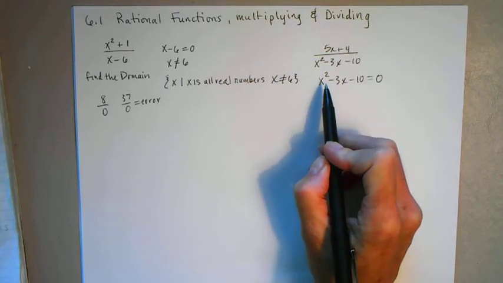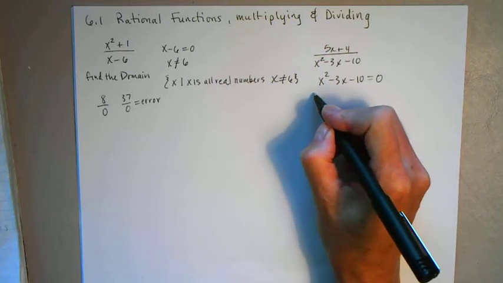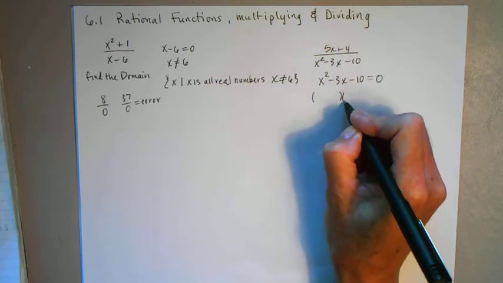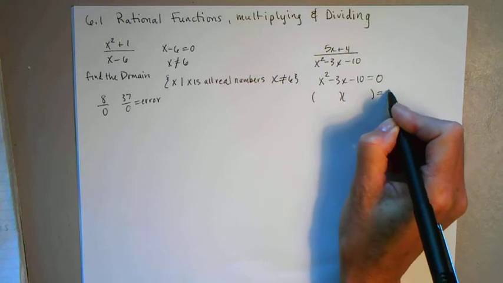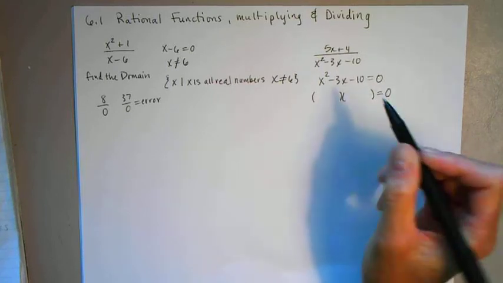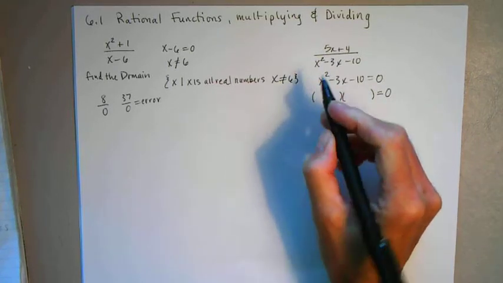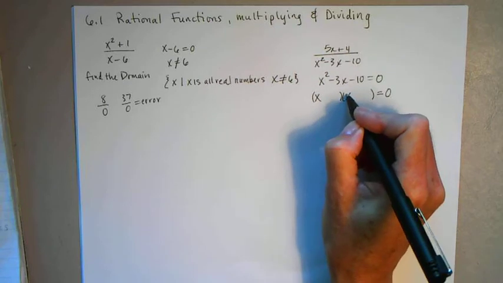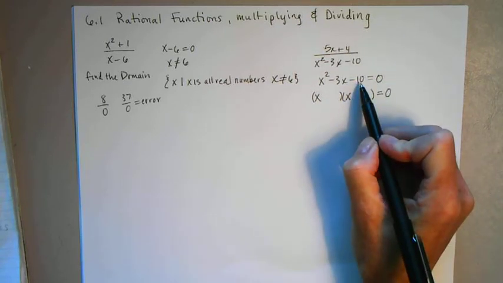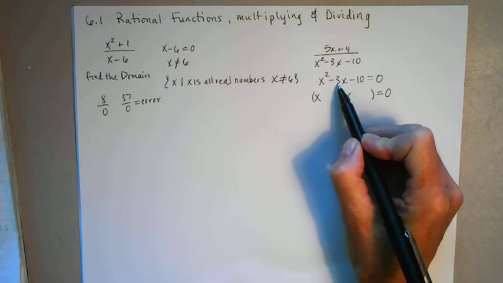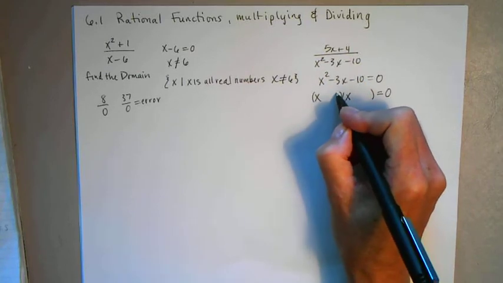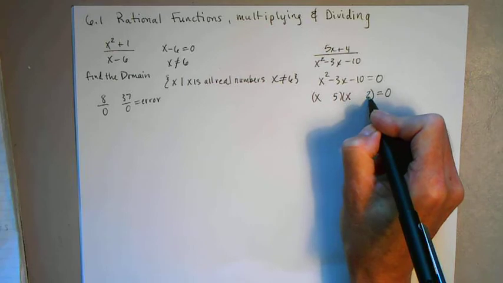Factoring, just like you just learned in all of chapter 5. I told you factoring will never go away. Everything you do now will include factoring. The only thing that can be x squared is x times x. That's easy. Then I could have 10 and 1 or 2 and 5, and you might see that 2 and 5 will have a difference of 3.